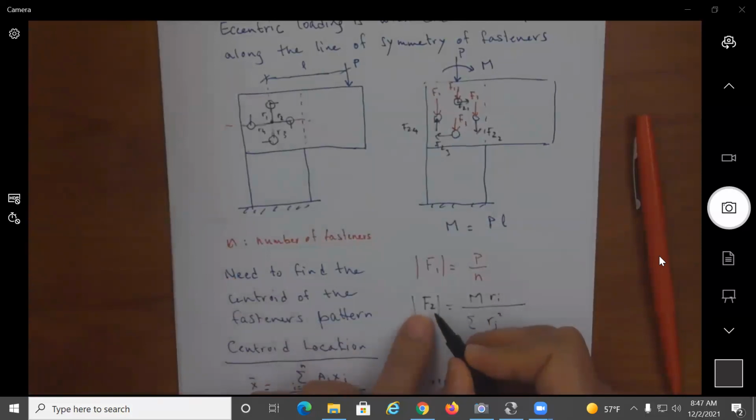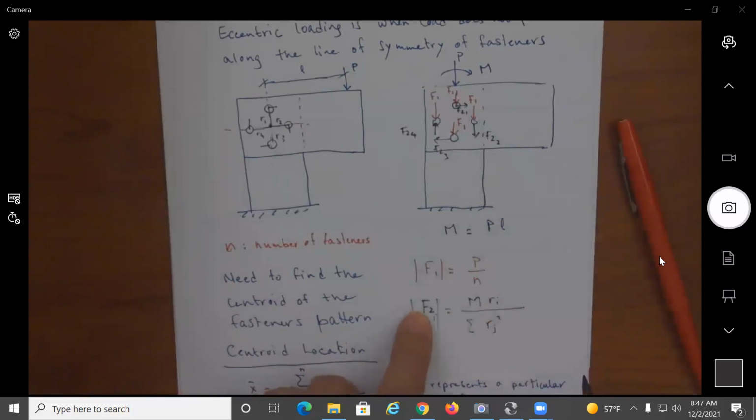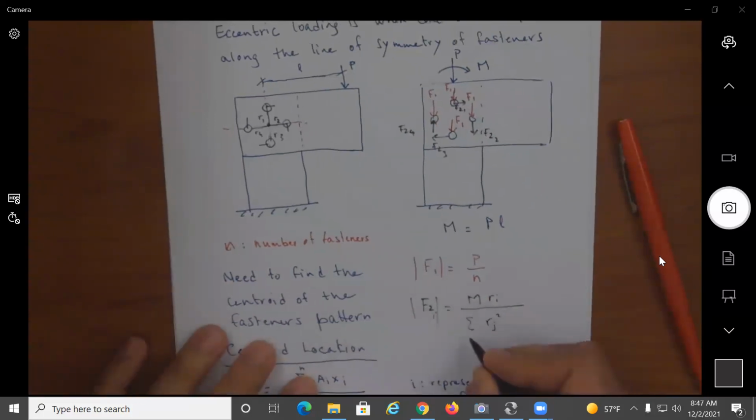Let me specify this F2 sub i. You notice I wrote here F21, F22, so I'm going to call it here F2i. And it's M Ri specifically divided by the sum of Rj squared from j equal 1 to n.